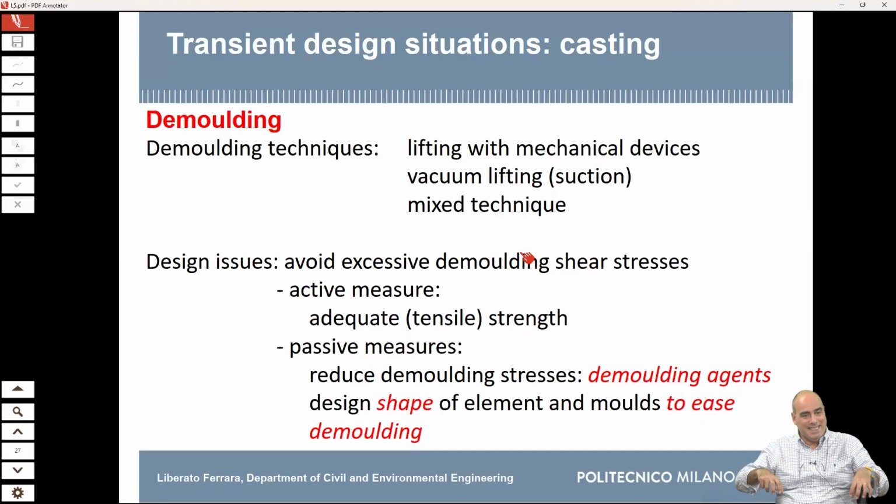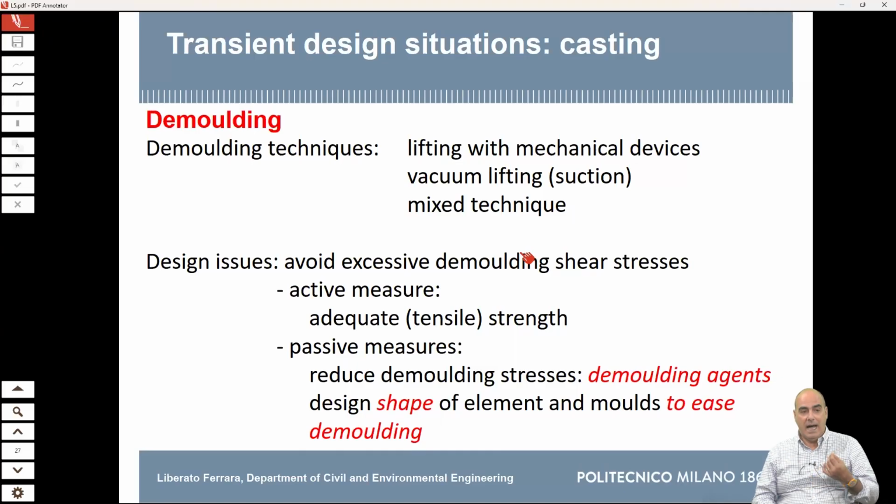But the very act of demolding, what are we doing? We are forcing the element to go through some shear stresses along the interface with the molds. And at the very onset of the demolding, the shear stresses are applied all along the surface of the element. So it's a very wide surface, and these shear stresses, which are due to friction, can be very high.